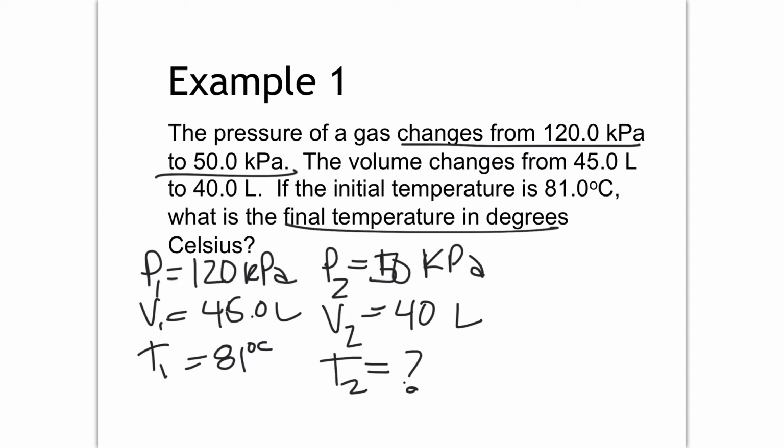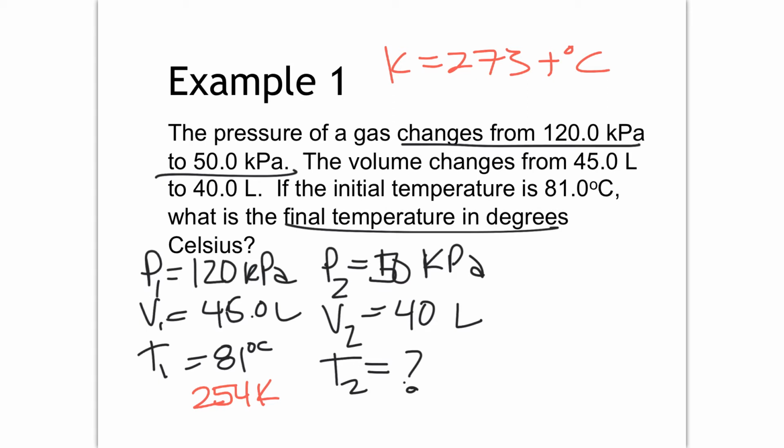And I know that when I look at my temperature here, I can't leave it at 81°C, so I'm going to add 273 to that, and that's going to be 254 K. Now remember, K equals 273 plus degrees C, right?